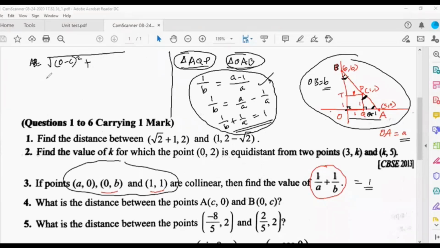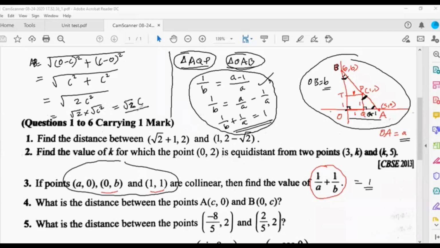So the square root of minus c squared, that is c square, plus c square, so 2c square. Square root of 2c square, you can split as root 2 into root c square, and root c square means simply c. So root 2c is the answer.